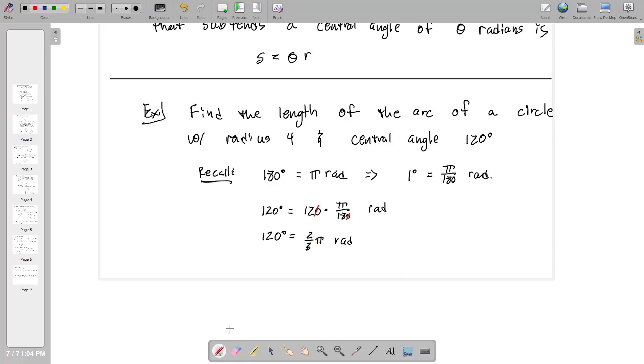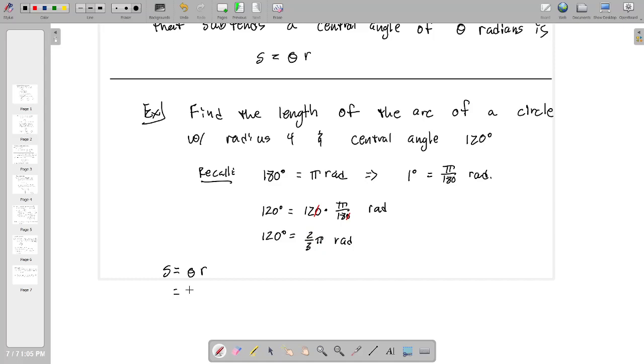So now what I need to find is the length of the arc that subtends the angle in a circle of radius 4. So S will equal theta r. Now our r is 4. We have a circle of radius 4. And our theta needs to be in radians, so it's 2 pi over 3.